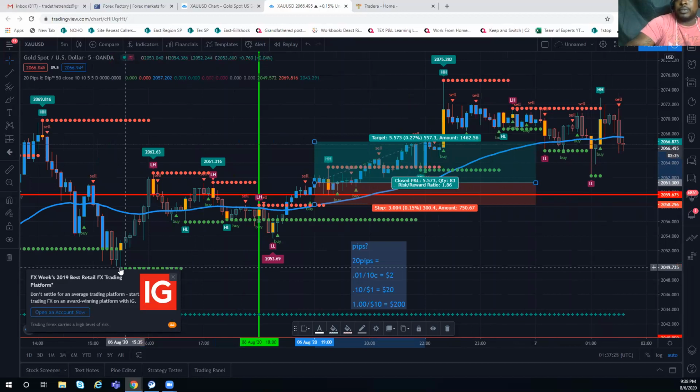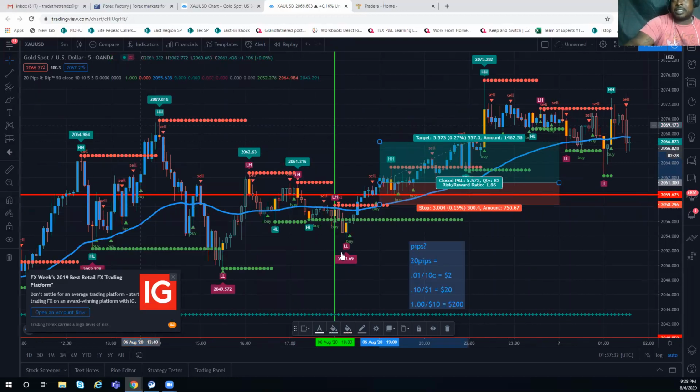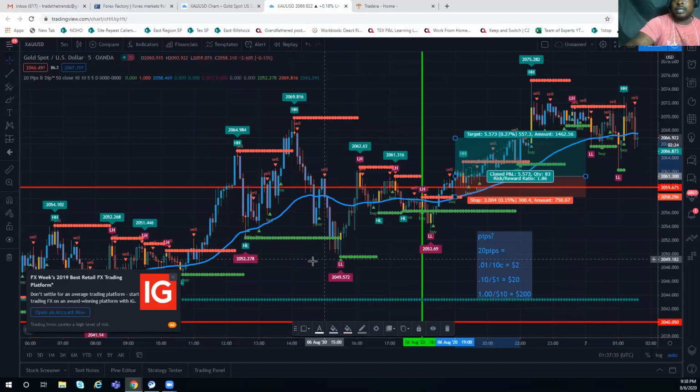As I'm looking at it, I'm thinking, if it hits this point again at 2030, it's going to bounce back up, right? He had kind of got in at 2050, right? So at this point, he done took that 20 pip loss. Like, man, I'm getting out, right?